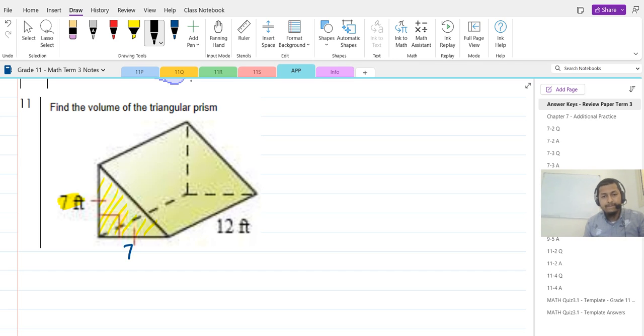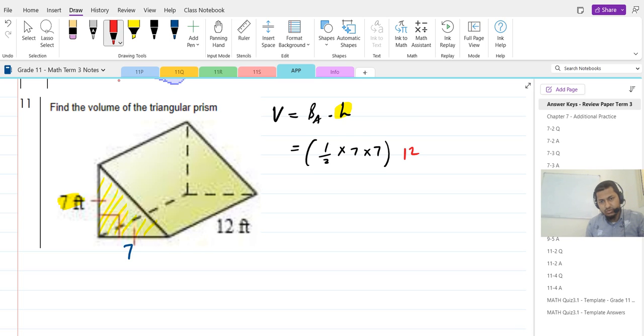So volume equals base area times height. What's the base area? It's the area of the triangle, half base times height, or cross-sectional area, half, 7 times 7. And what's the height of the entire prism? The h at the end basically means the height of the prism. Whereas this is an isosceles triangle, that's why it's 7, 7.